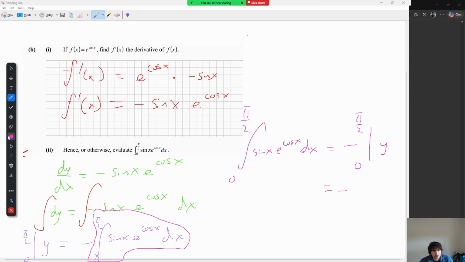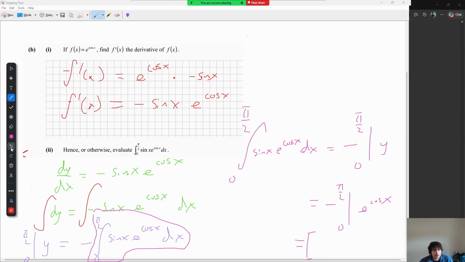Again, there's going to be a good few of these in your textbook you can practice, and you can get good at them. So then this is equal to the straight line 0 to pi over 2, and in for y we put e^(cos x). Now we'll evaluate it, and we use two square brackets.